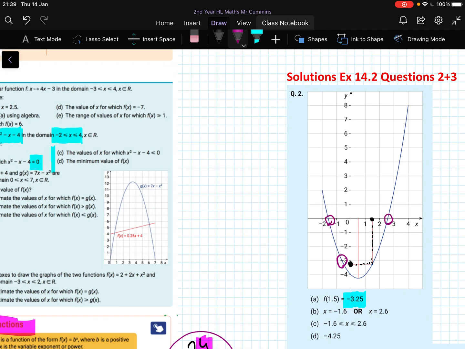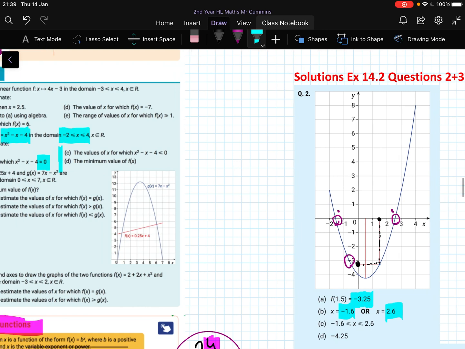So in the solution they're saying f of x crosses the x-axis, or equals 0, at minus 1.6, our first answer here, and also crosses it over here at 2.6. So there's two values where our function is equal to 0, at minus 1.6 and at 2.6.